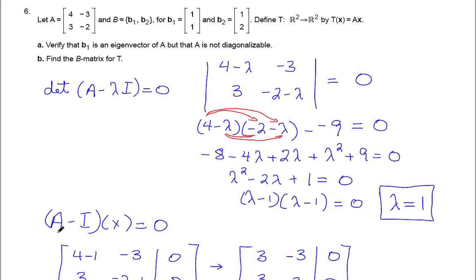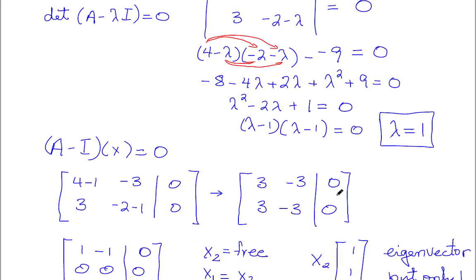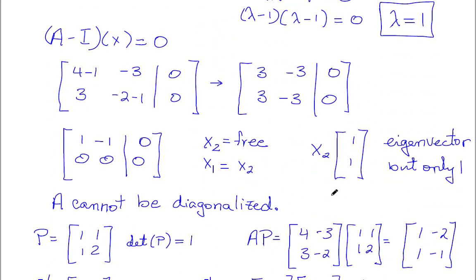So I form A minus I, because lambda is 1. And so let's see what happens. So we do that, A minus I, so subtract 1, and I get this particular matrix, but I can easily divide the first row by 3 and then add it to the second row.